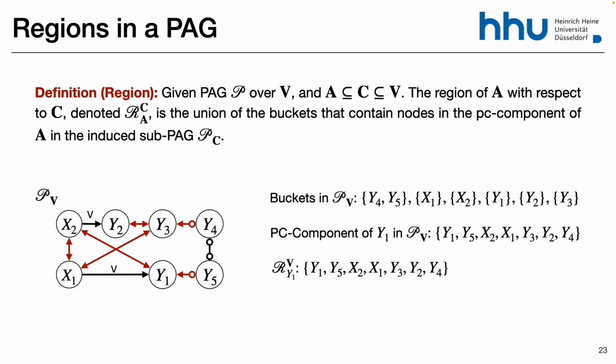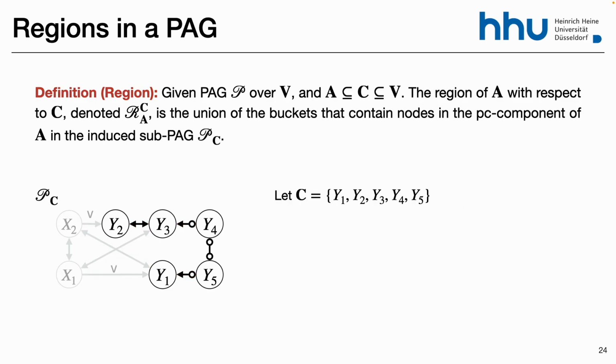And if I want to compute the region of Y1, this example is kind of boring because it's everything already here, but I would have to put the union of the buckets of every node that's here. So I would have the bucket of Y1, the bucket of Y5, and so on. Let's just make it a bit harder so you can see something more interesting.